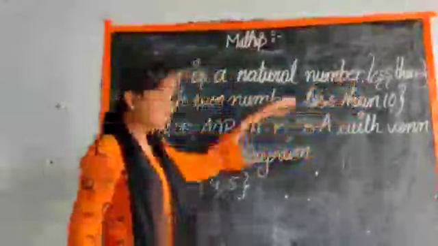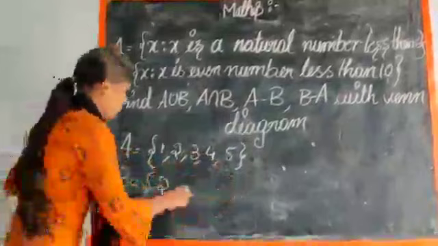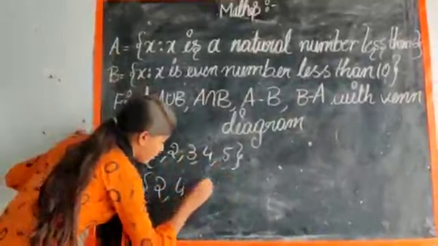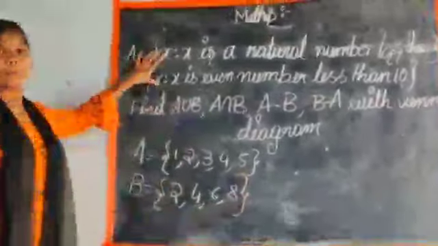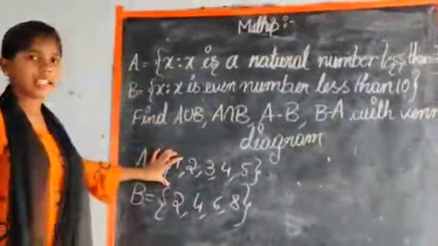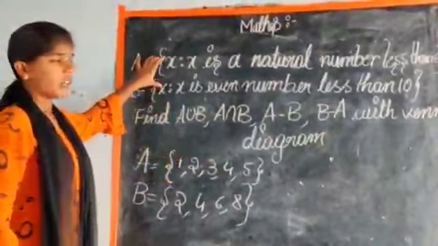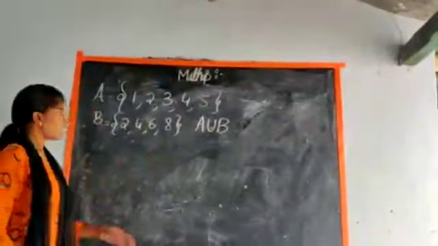So the condition applied is less than 10, which means we have to write the even numbers from 2 to 8. So these are the required sets after converting the set builder form into roster form.